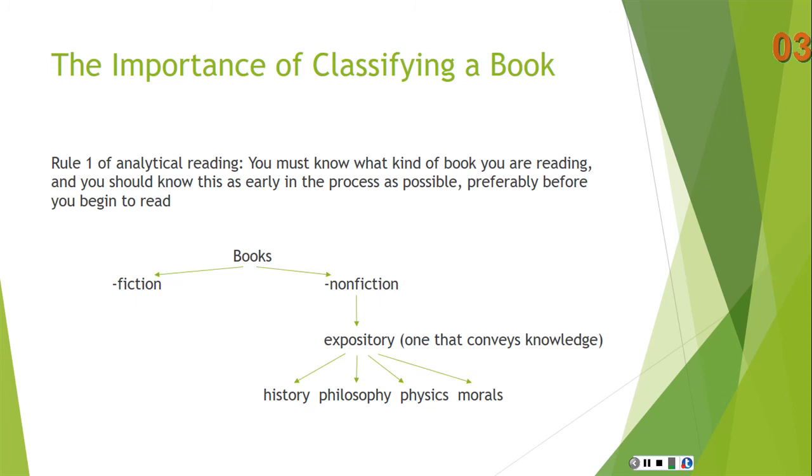And Adler, after chapter 12, starts getting into how to read history, how to read philosophy, and I don't assign those chapters to you, but they can be very useful, especially as a student here at CSN. You're taking the general education courses, and maybe you take a philosophy course and you want to know, how do I read a philosophy work, and that will help you.